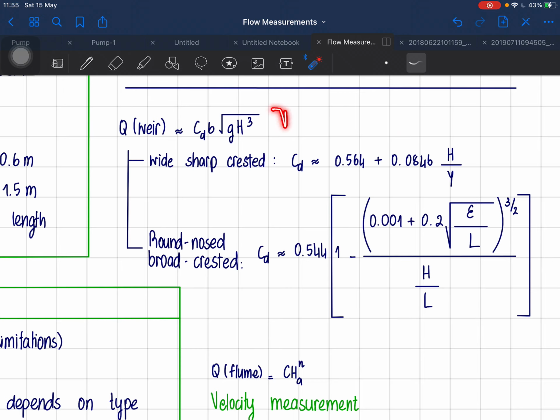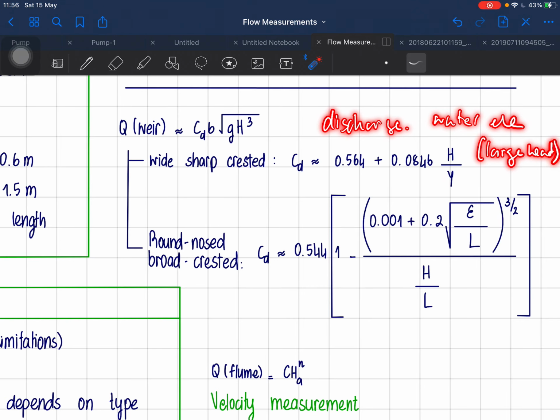The trapezoidal one looks like this, and the water will be flowing like this. It is used for measuring discharge and the change in water elevation, but with large head.